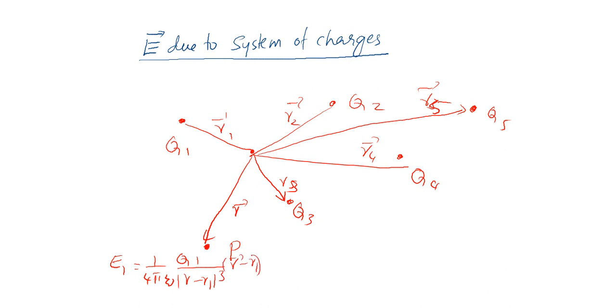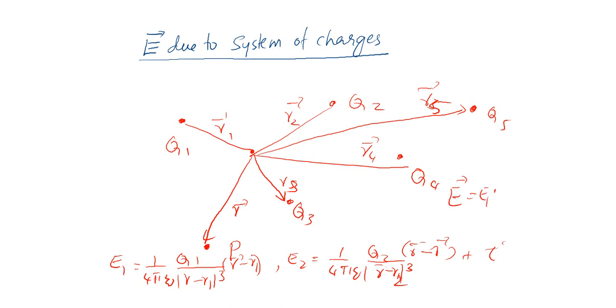Similarly E2 is equal to 1 by 4 pi epsilon 0 q2 divided by mod r minus r2 cube into r minus r2, etc. In the same way all the electric field intensities can be calculated, and the total electric field is E1 plus E2 plus etc. up to En. So we will do a problem, and we will clearly understand how it can be done.